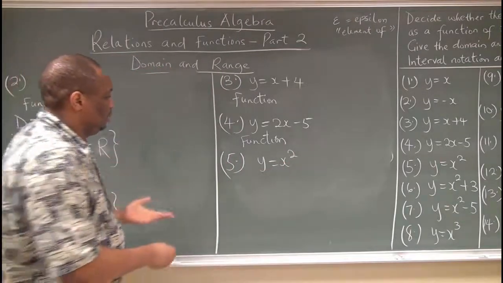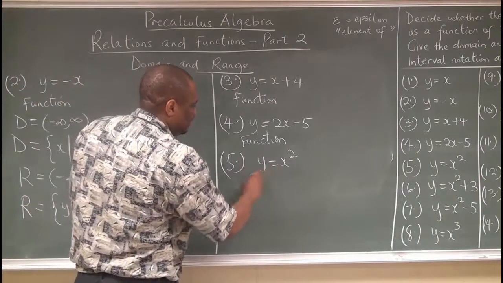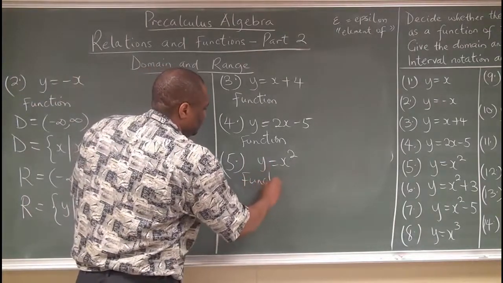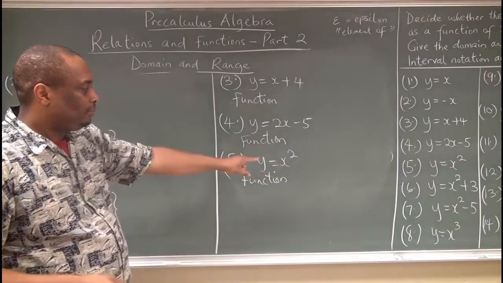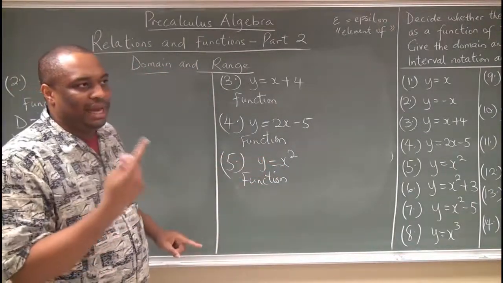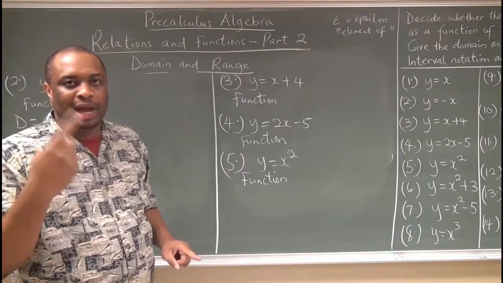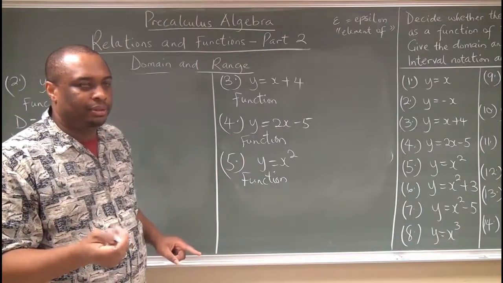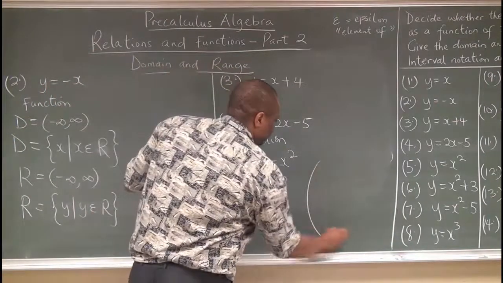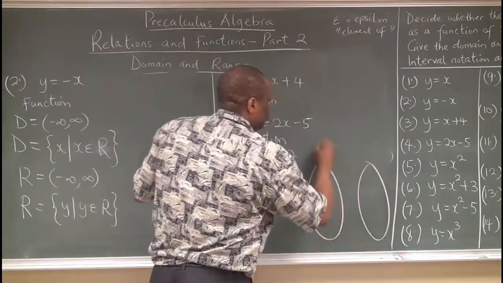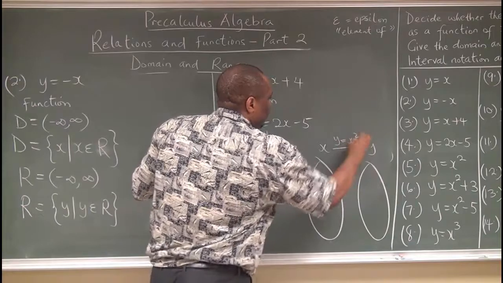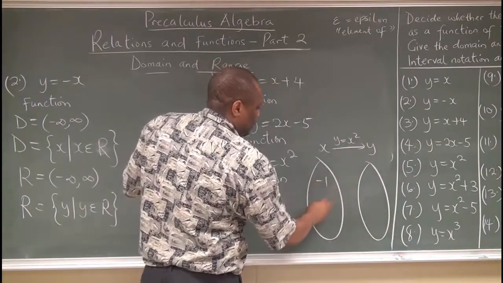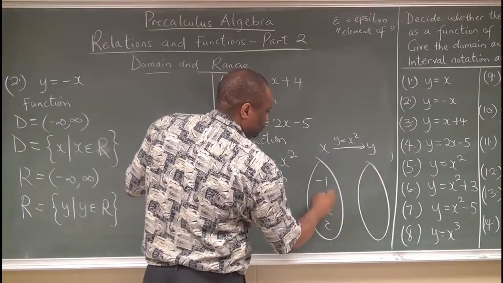All right, so of course this is a function. This is a quadratic function. It's a function because no input will have two different outputs. If we try to map x onto y, defined by y equal to x squared, of course, negative 1, 1, negative 2, 2.